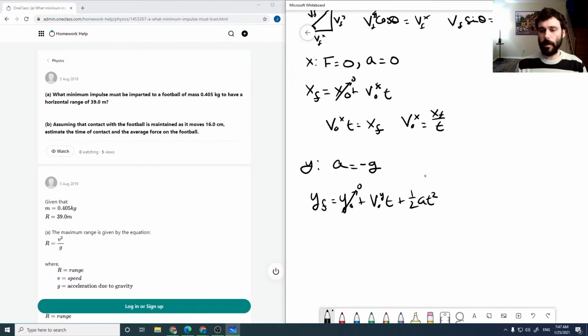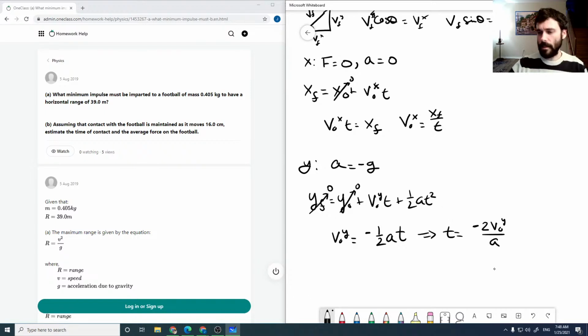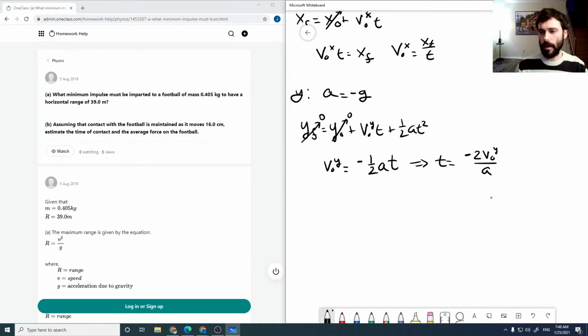And in fact, when it returns back to the Earth, that's going to be 0 as well. So our V naught Y is equal to minus 1/2 A T. So then our T is minus 2 V naught Y over A. And as A is minus G, then we can say that T is 2 V naught Y over G.